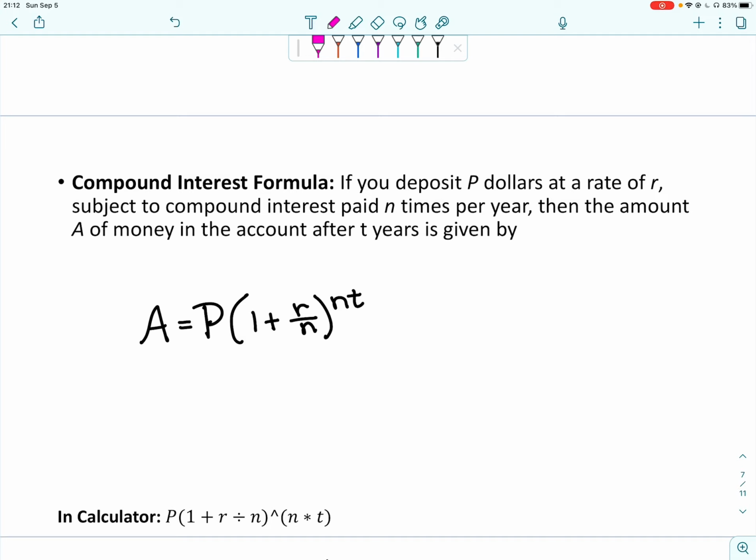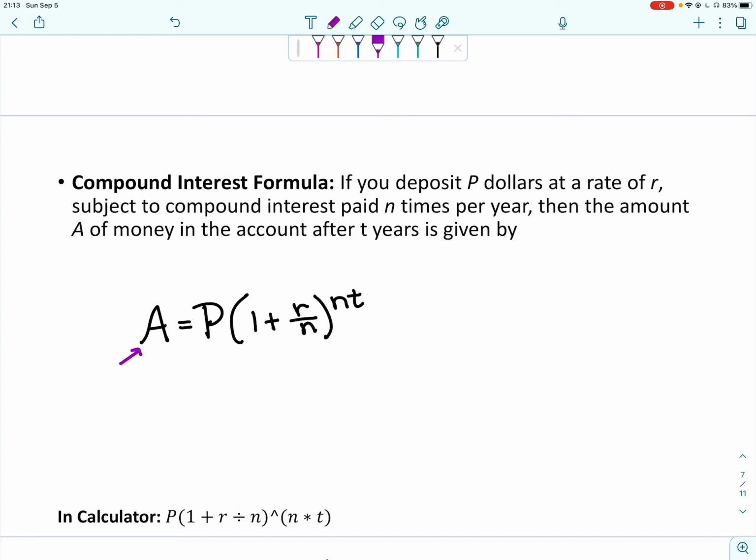So if I put my money into a bank account and it's going to pay interest compounded N times per year, it has an interest rate of R, I leave it there for T years, this formula tells me how much money will be in the account at the end of those T years.